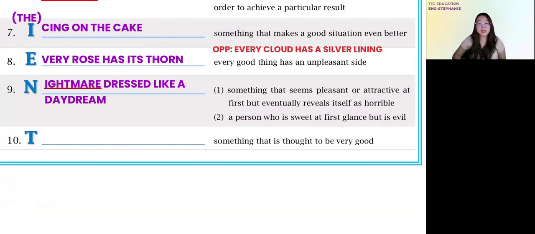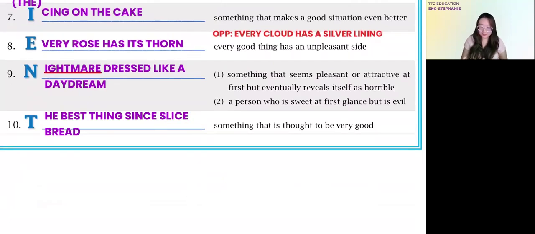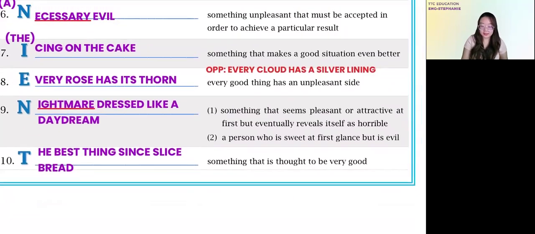And the very last one here, this is very useful to talk about the best invention, something that is thought to be very good. It can be a person as well, but most of the time they use it for inventions. You can say it is the best thing since sliced bread.